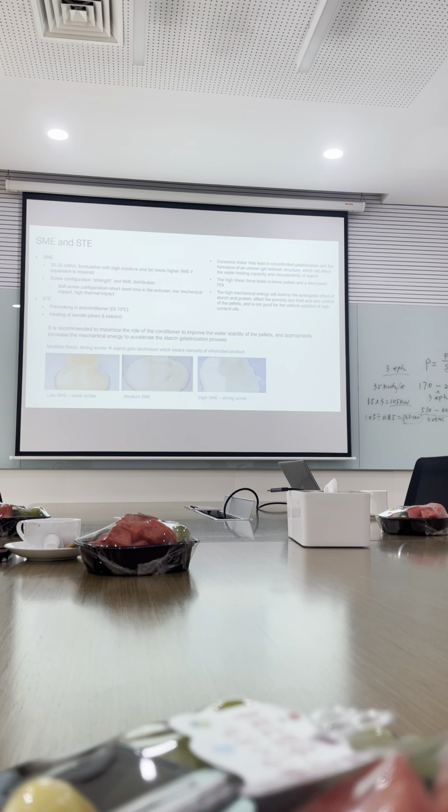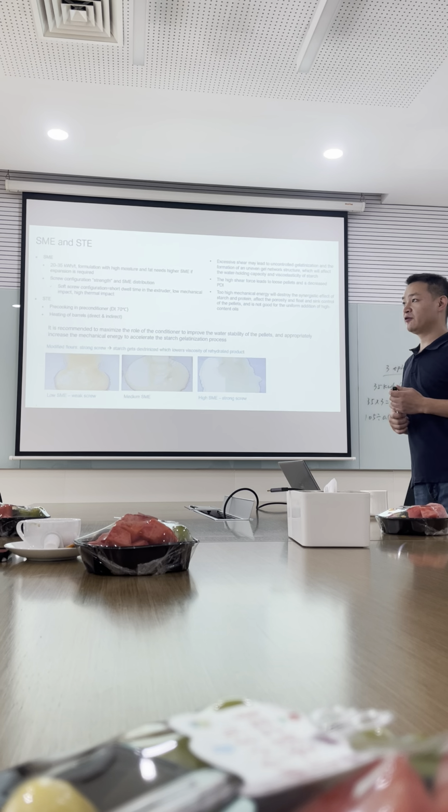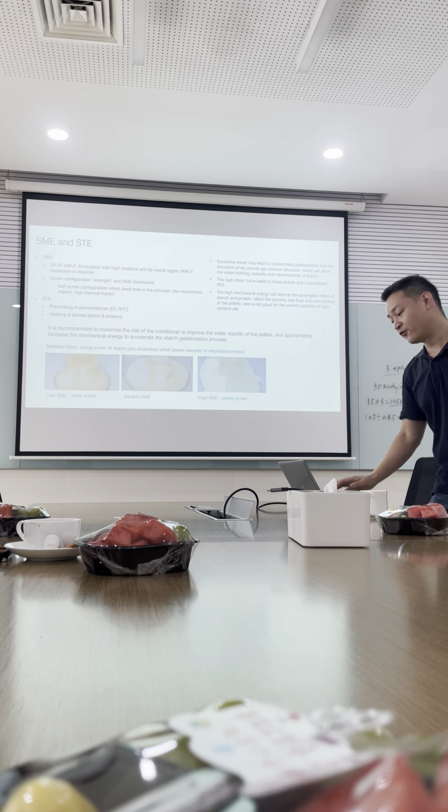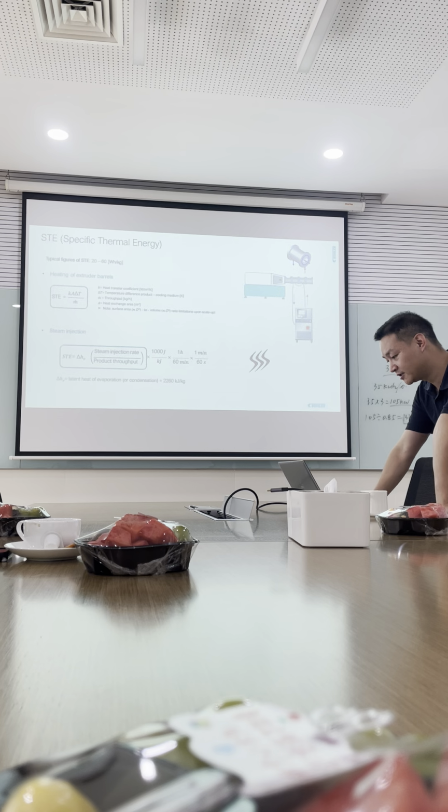For almost every ingredient in food applications, they are shear thinning. So that means with the high shearing force, except for the thermal energy we can input, we can also reduce viscosity. With lower viscosity, that means the resisting force is lower, right?